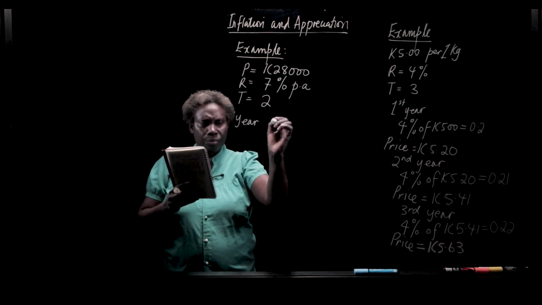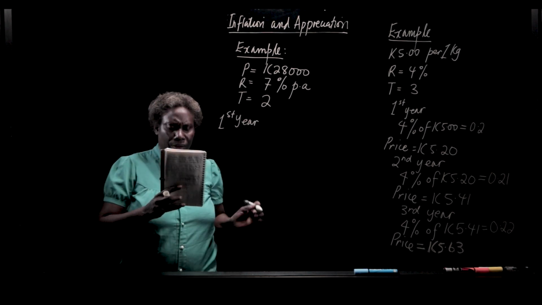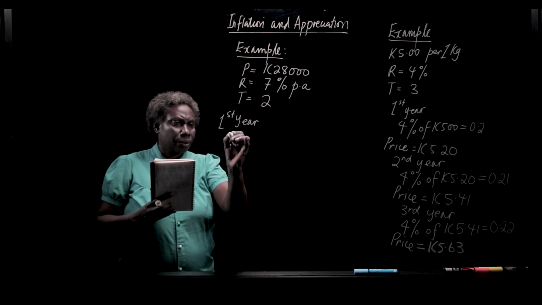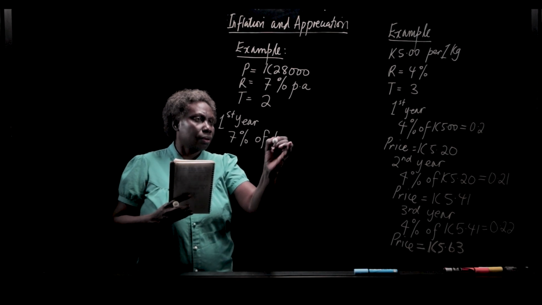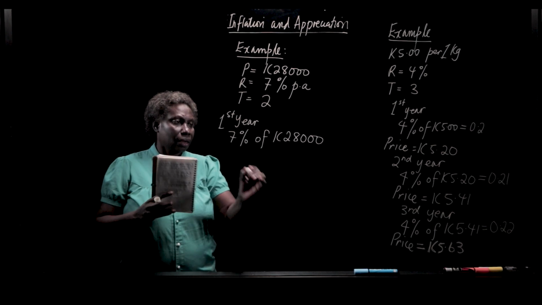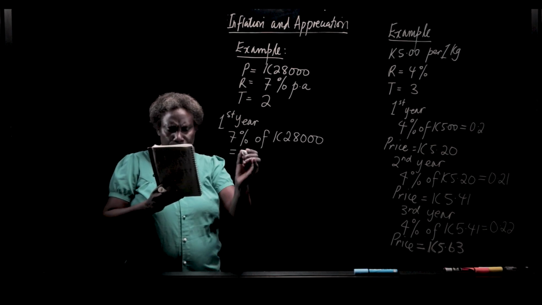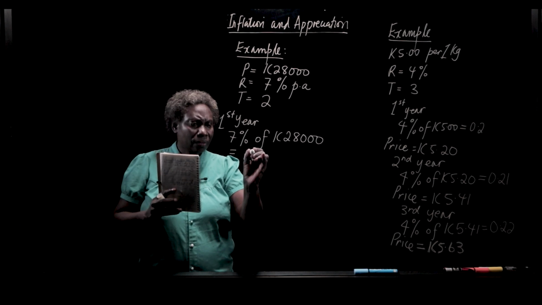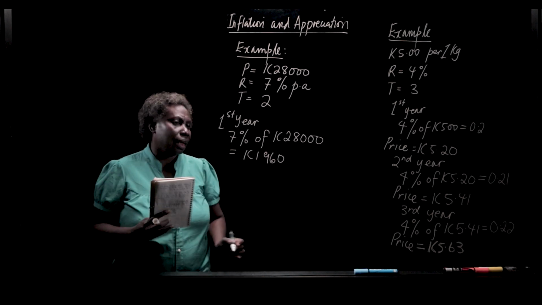So for the first year, we have 7% of 28,000 kina, and that gives us 1,960 kina.